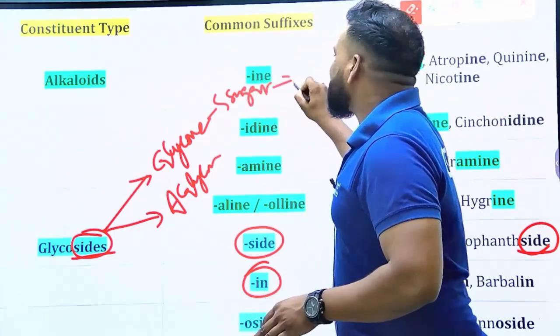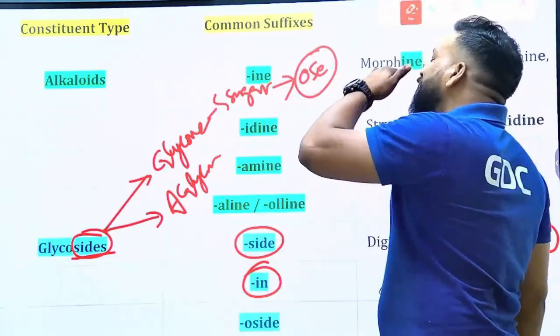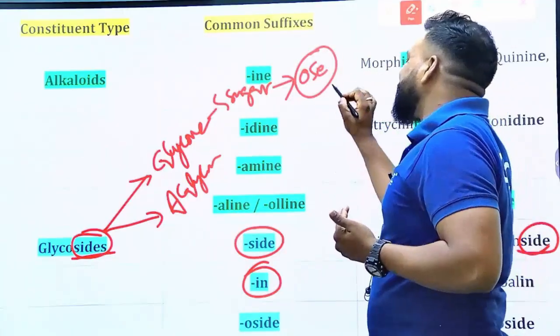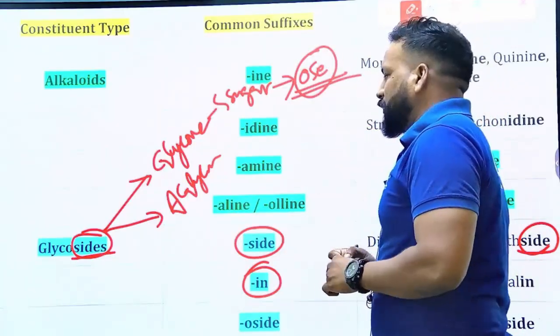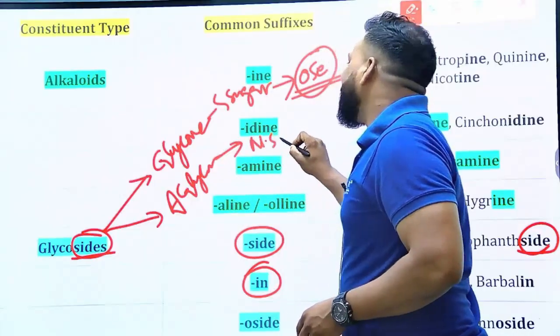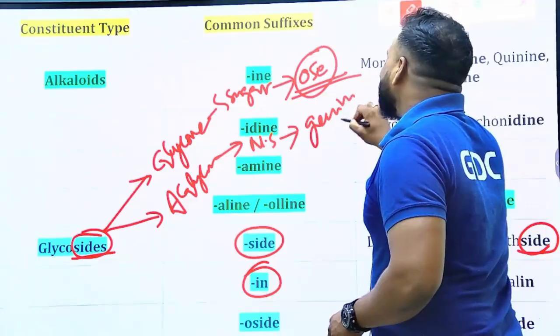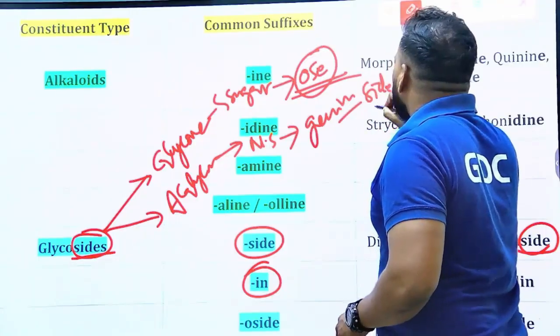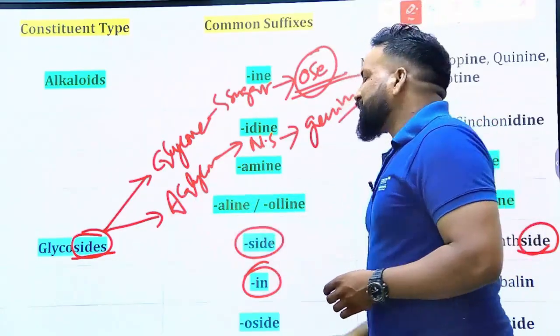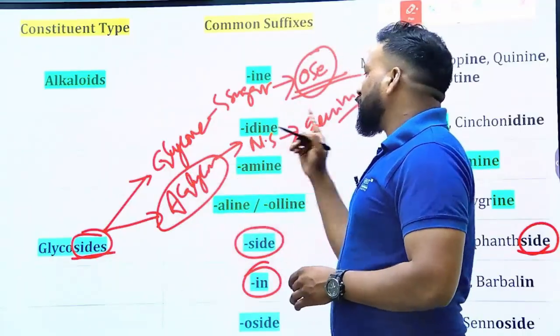The sugar mostly has ose as a suffix. So if it has ose as a suffix, that will be the sugar of the glycoside. And the aglycone moiety is nothing but the non-sugar moiety. It is the therapeutically active part of the glycoside.